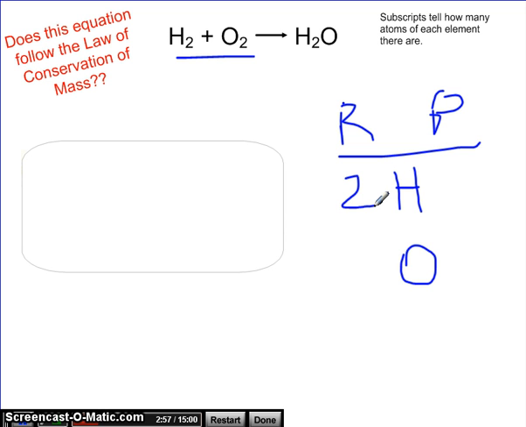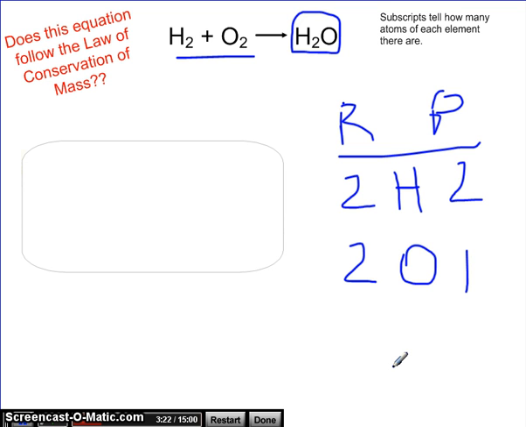Oxygen also has a subscript of 2, which means we also have 2 oxygens. Now if I look at my product side, remember product is what we end up with, so I end up with water. I also have 2 hydrogens. And since there's no subscript after oxygen, that means that we have 1 oxygen.